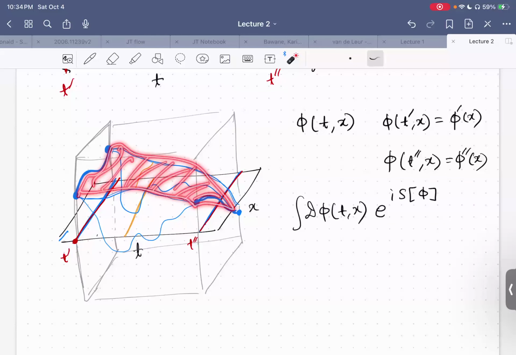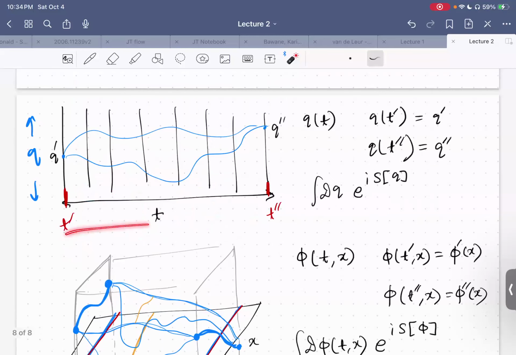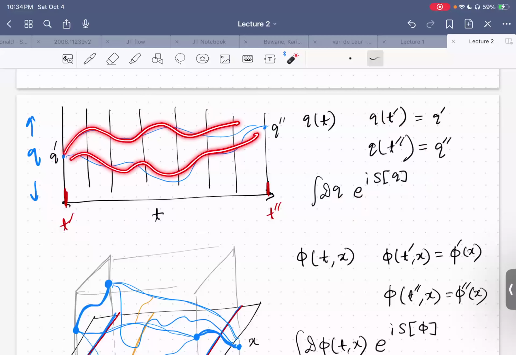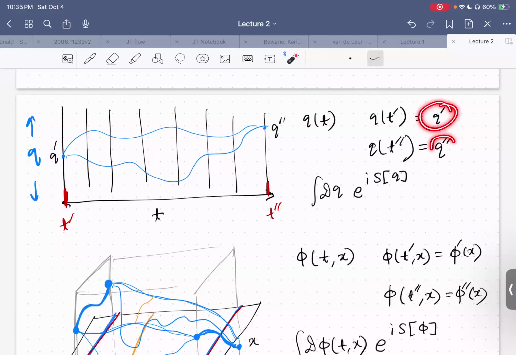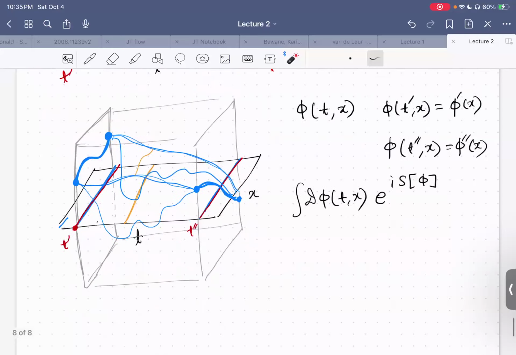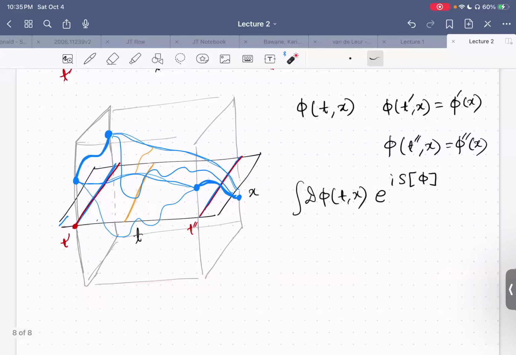Okay. So here what we did is that we summed over all paths, and for each path, we computed a real number, and then we summed over all of these phases. And that was our transition amplitude from q prime to q double prime. Here we will do exactly the same.